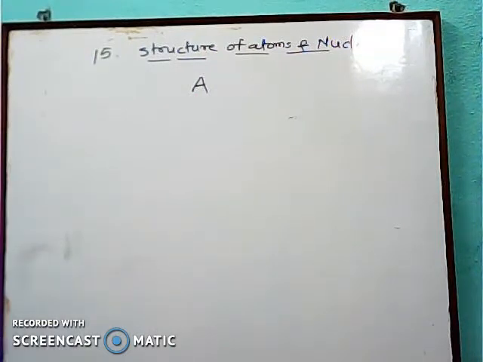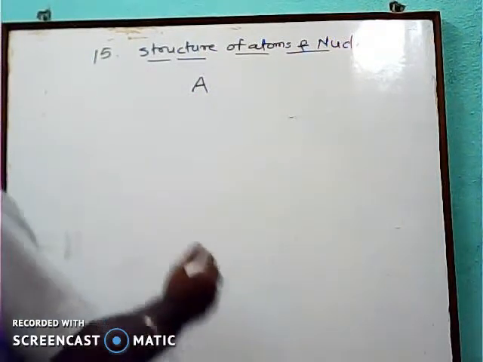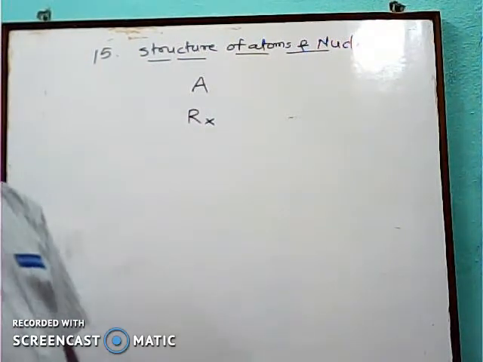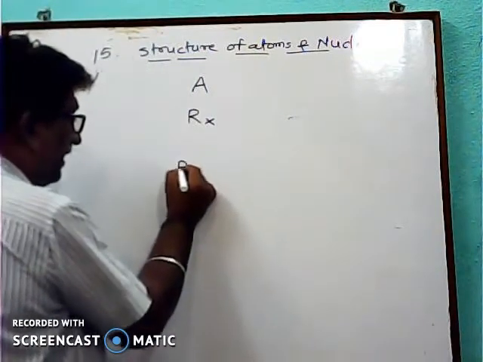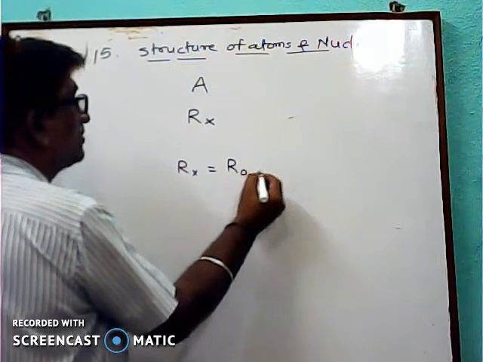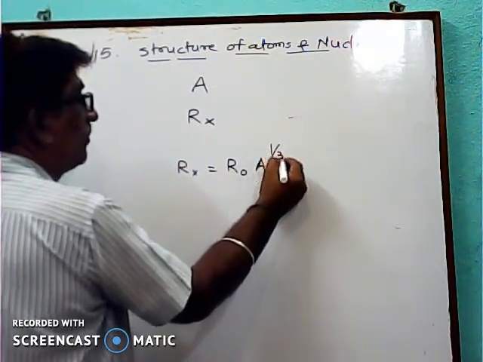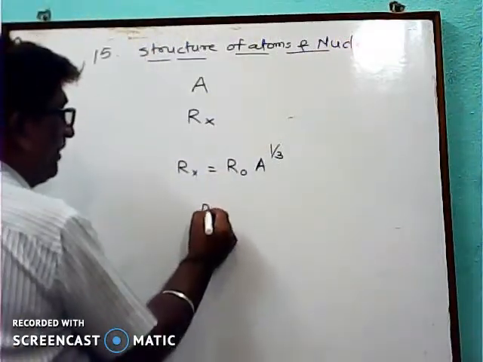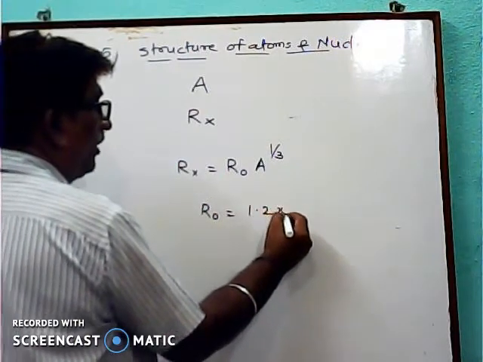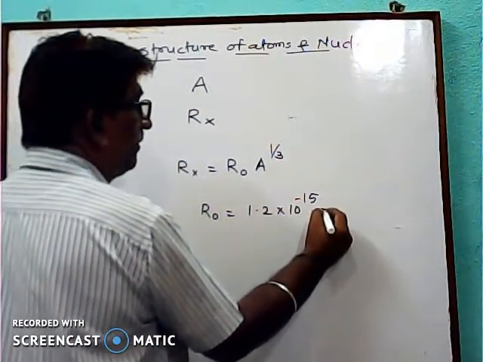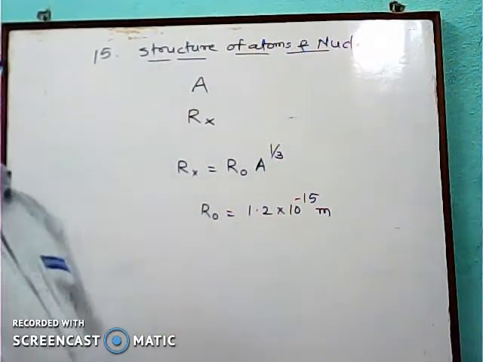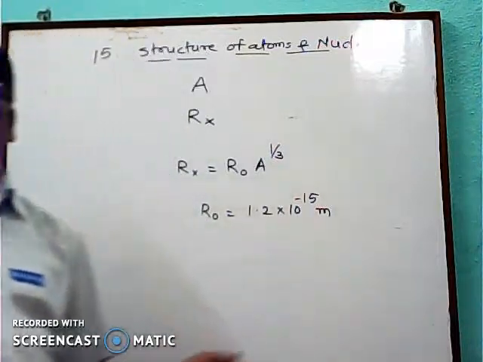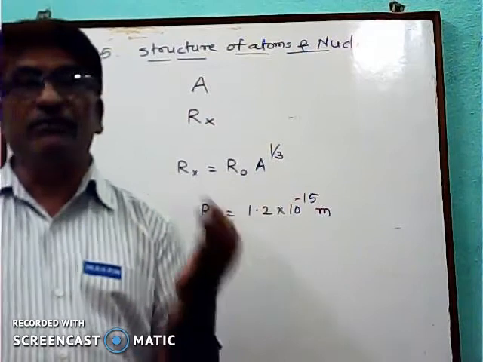Experimentally, it can be observed that the radius of element X, Rx, is equal to R0 A raised to 1 by 3, where R0 has the value 1.2 into 10 to the power minus 15 meter, which is 1.2 femtometer.